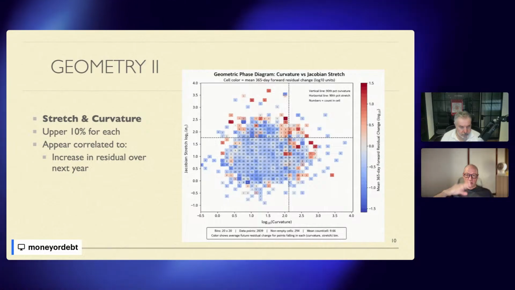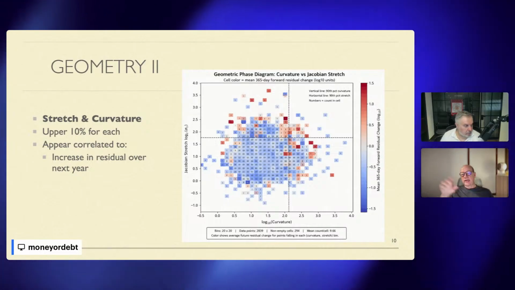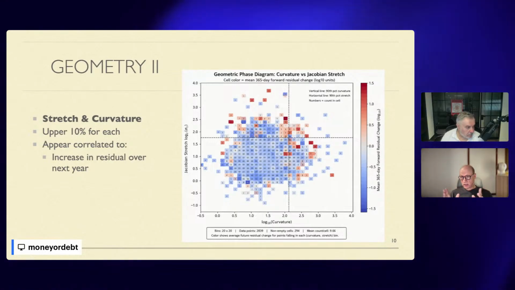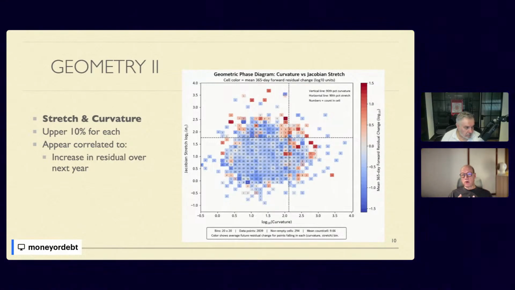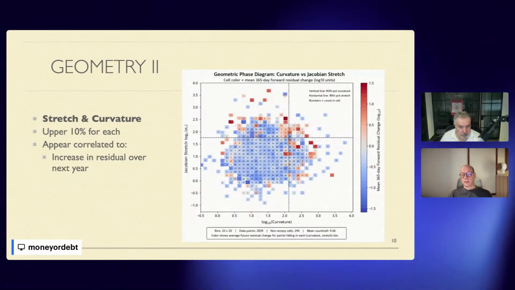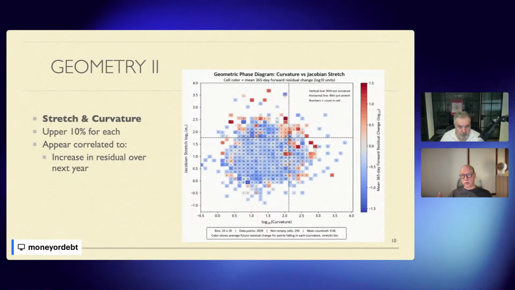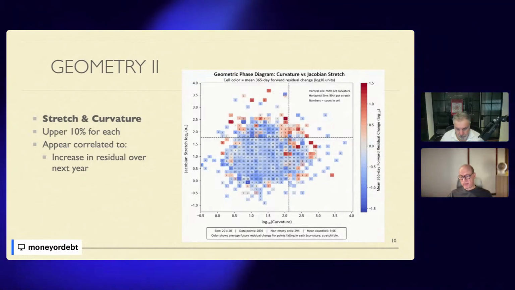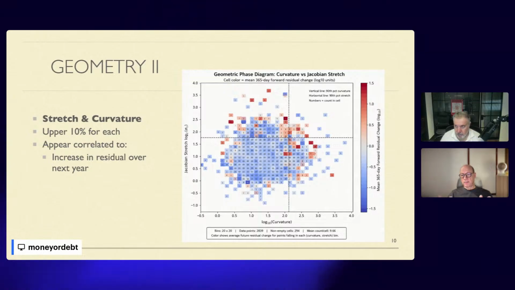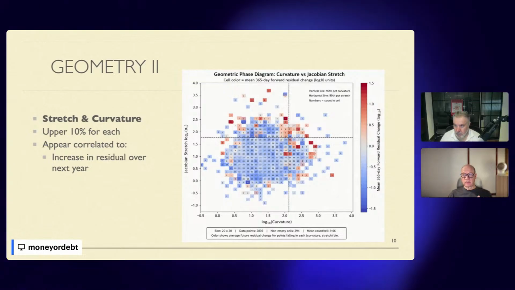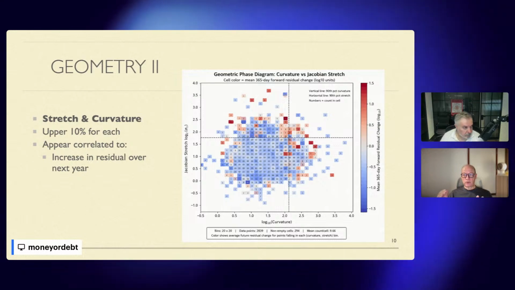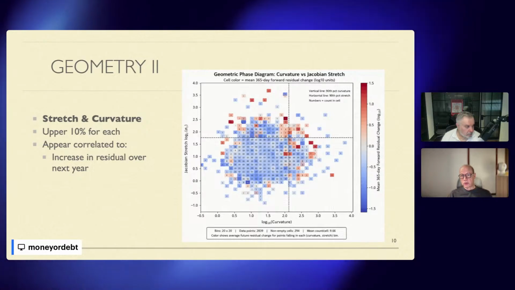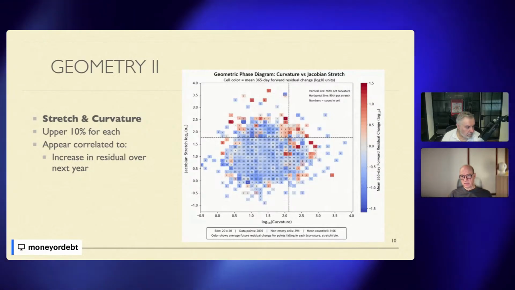And then looking on the y-axis on the top, that's just 10% of the high stretch values. And then they're color-coded by the 1-year future change in the first order residual, which basically is excess return over and above the power law. So for example, if you have a 0.5, 365-day forward residual change, that's a factor of 3. And that's extra return over and above the power law trend.